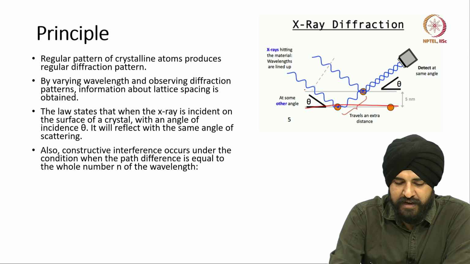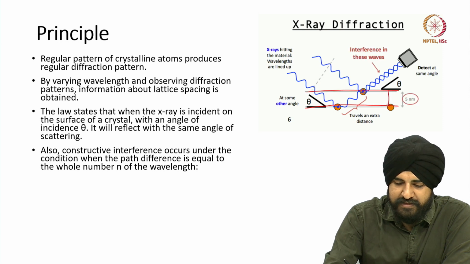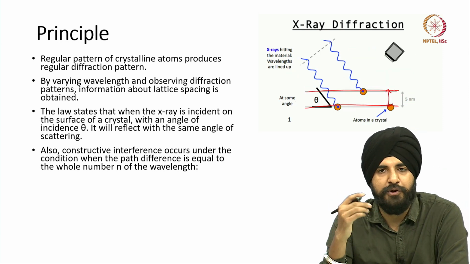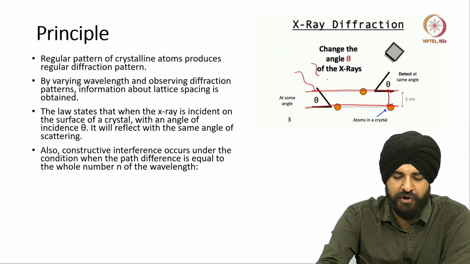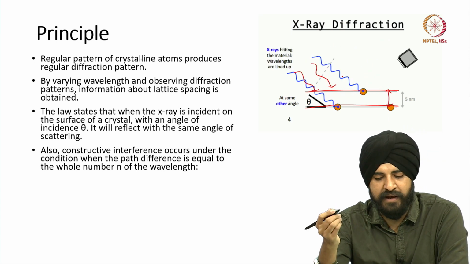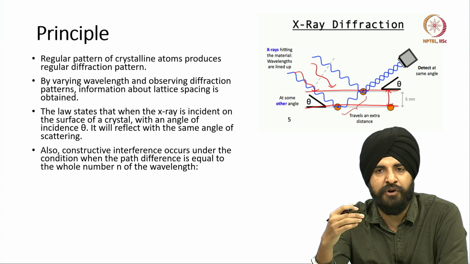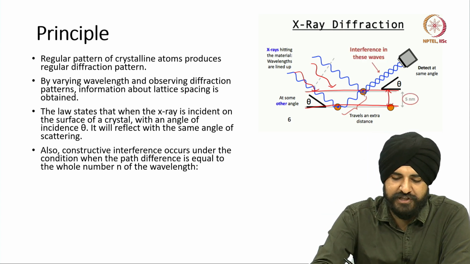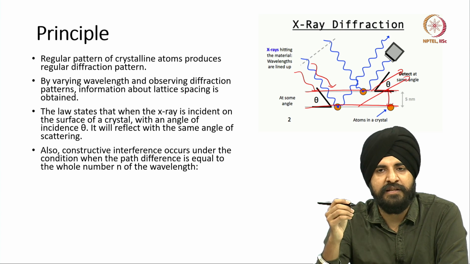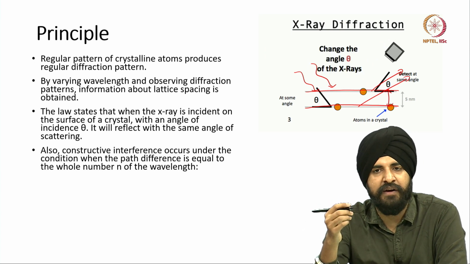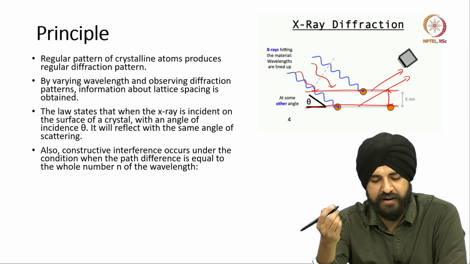If these are the interatomic planes, with this interatomic distance between the two planes, and X-rays are falling onto our material, then when they fall simultaneously on both planes, diffraction will occur, and the waves can interfere constructively or destructively.